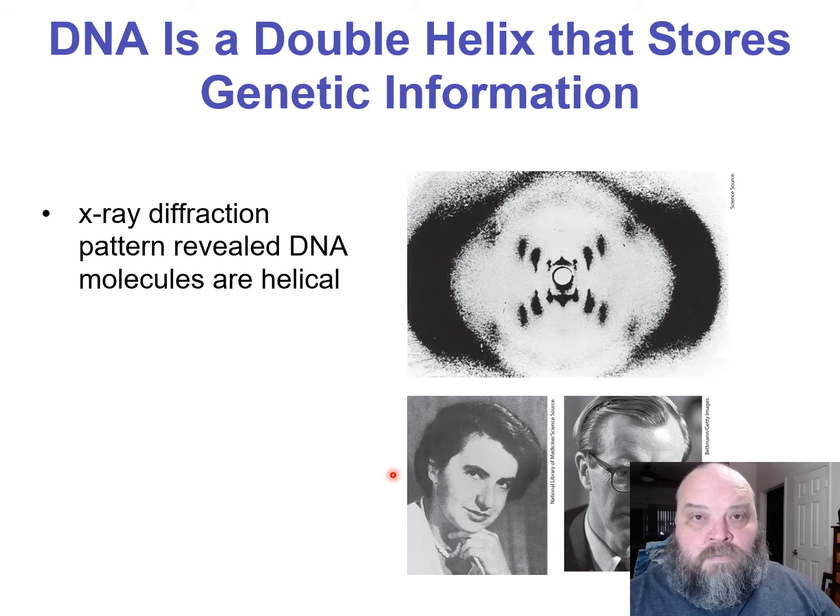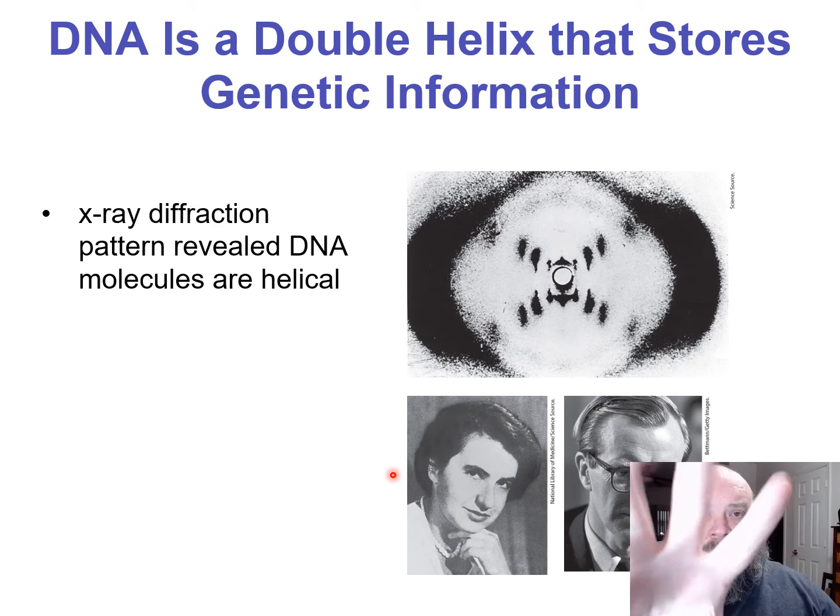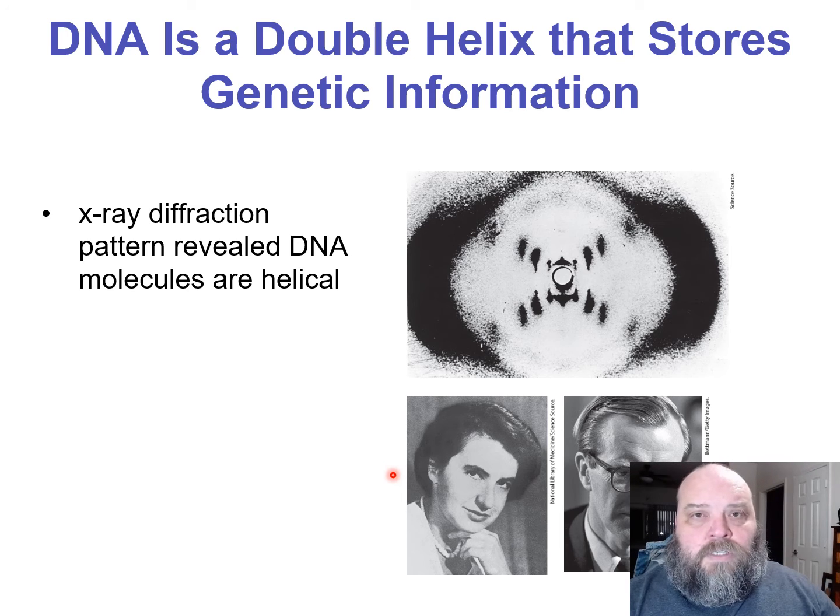Remember X-ray crystallography? You take some organic or inorganic compound, you make it a salt, precipitate it out as a salt, forming a crystal. You take that crystal, you bombard it with an X-ray beam, and then you look at how that disperses as it hits an X-ray film.